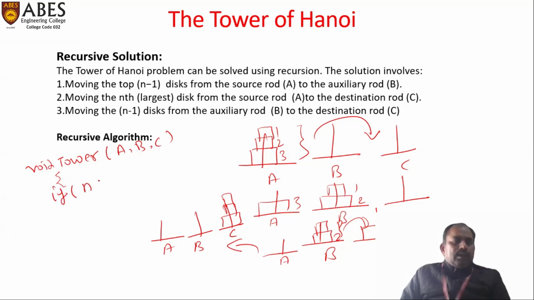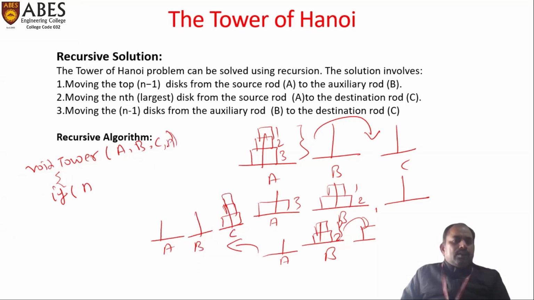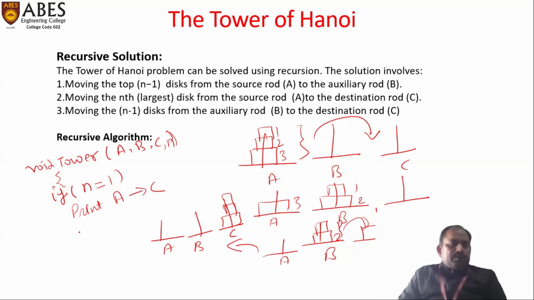If n is equal to 1, so if there is only one disk, then we can simply move the disk from rod A to rod C. So we print move A to C.